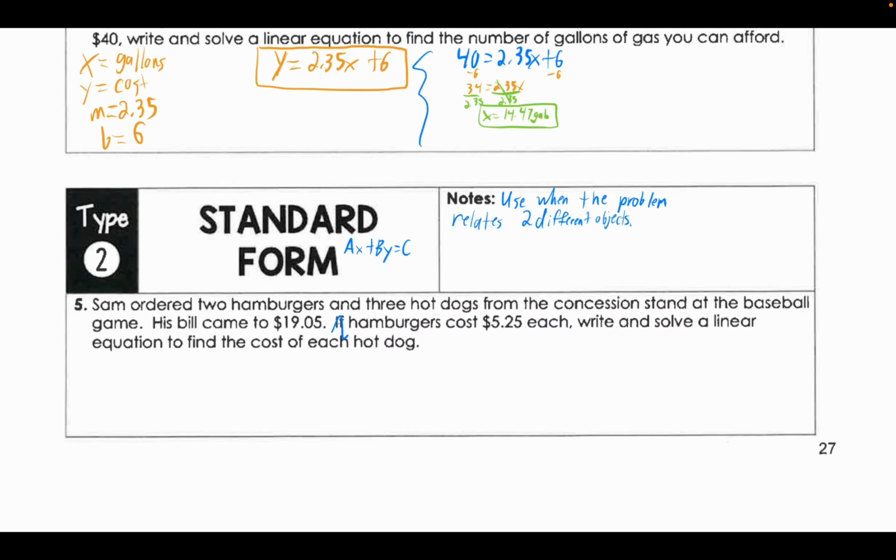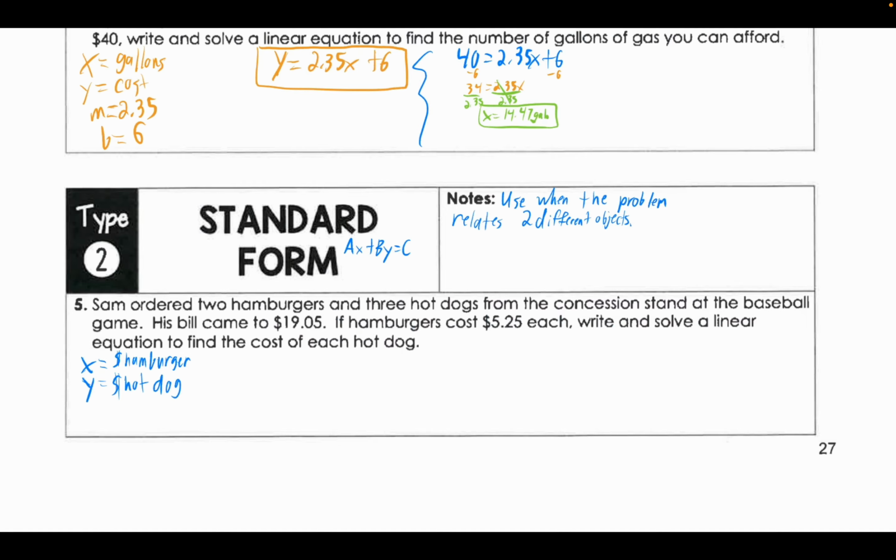So before we know the follow-up information here, we just know the first 2 sentences in this case, and so we can establish our x and our y. So those are the unknowns. So the x is the cost for a hamburger, and the y would be the cost for the hot dog, and you could certainly interchange these as far as we're concerned.